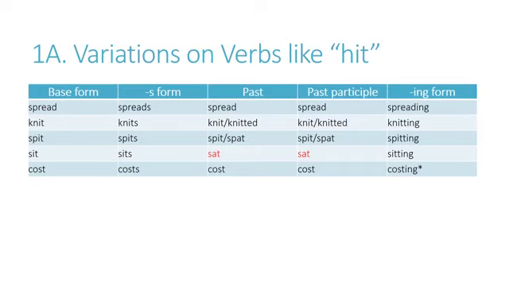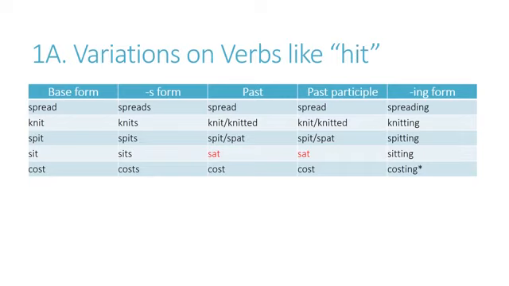Then we have spit. Spit has two different forms in the past and the past participle. It follows the basic same structure as hit, spit, spit, spit, but also acceptable in the past is spat and spat. So there are two different forms that can be used.